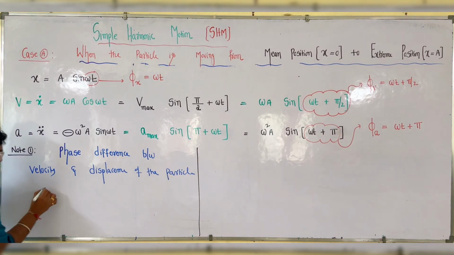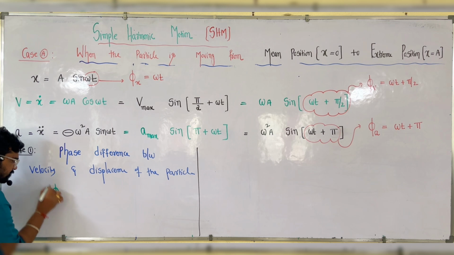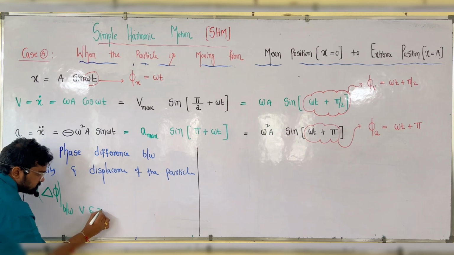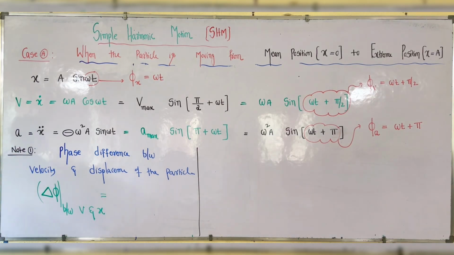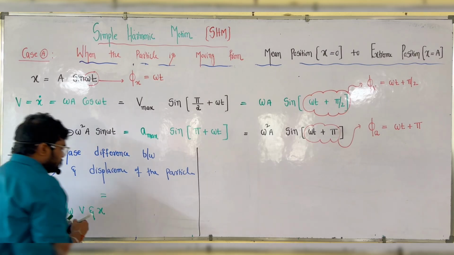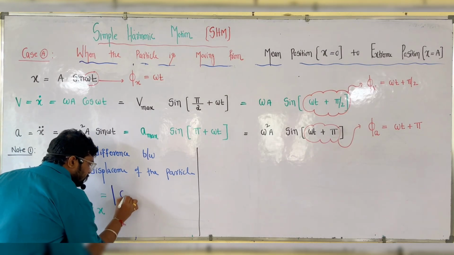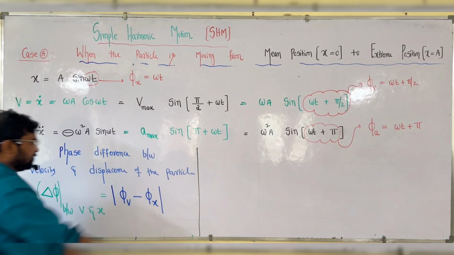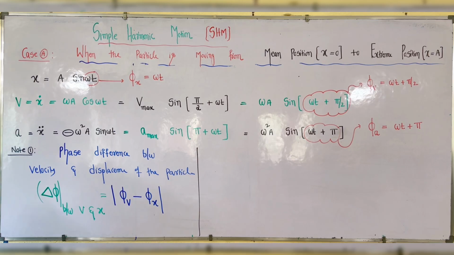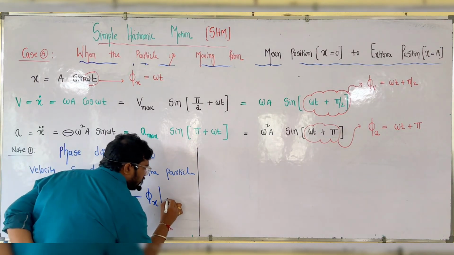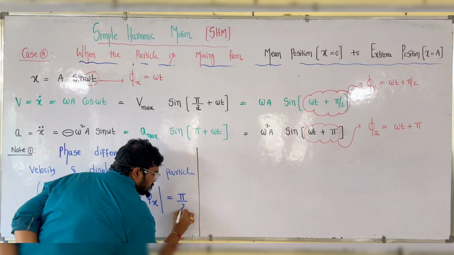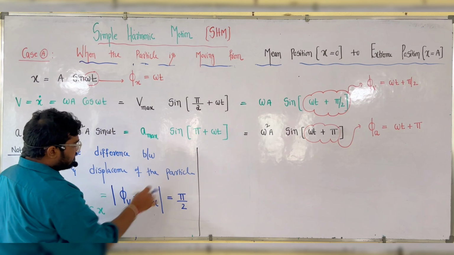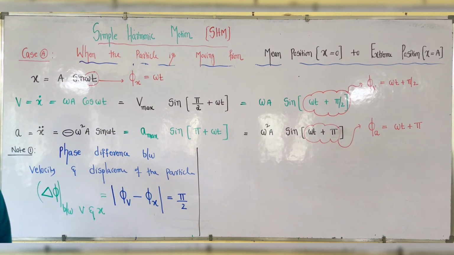What is the phase difference? Delta phi between velocity and displacement is the phase of velocity minus the phase of displacement. That is equal to pi by 2. Just substitute: omega t plus pi by 2 minus omega t gives pi by 2.